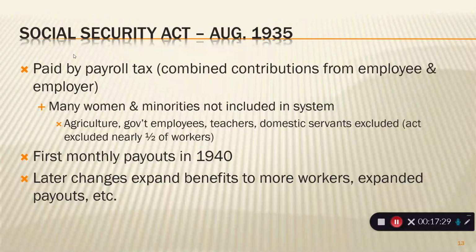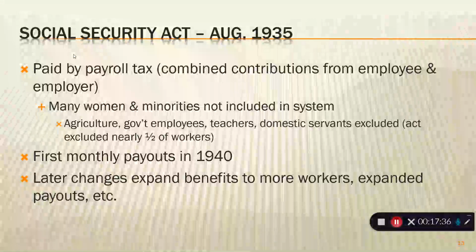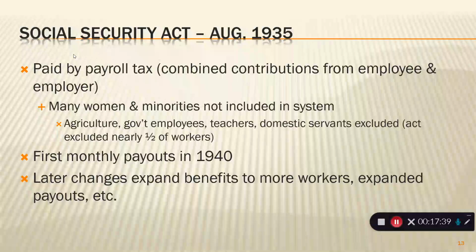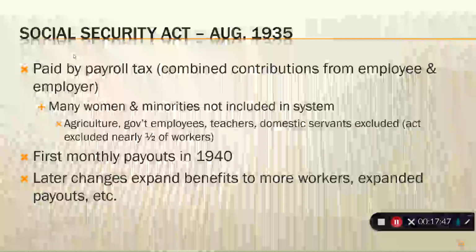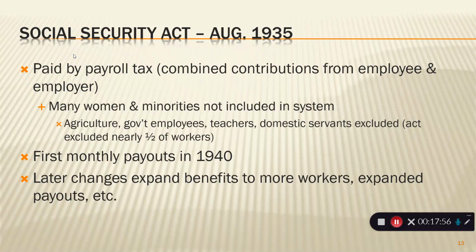It is combined with contributions from your employer. And then once you reach old age, you're eligible to receive payments from the Social Security Administration that are essentially intended to be supplementary retirement income.